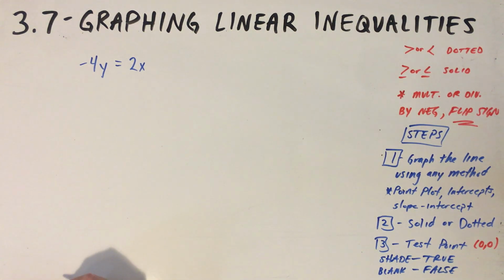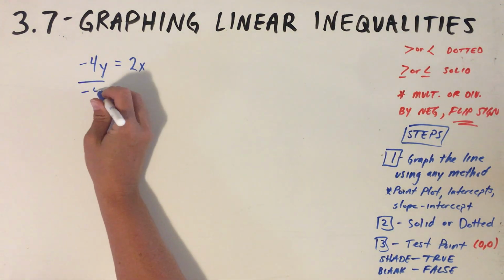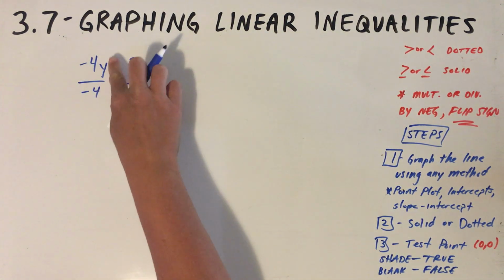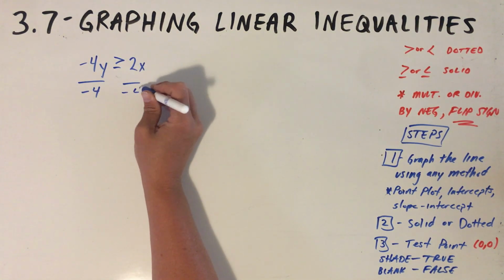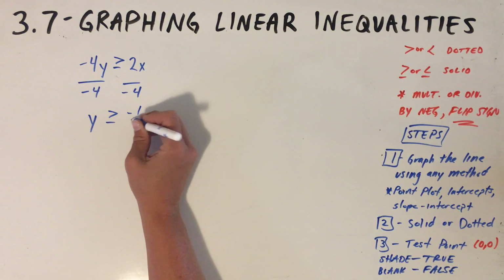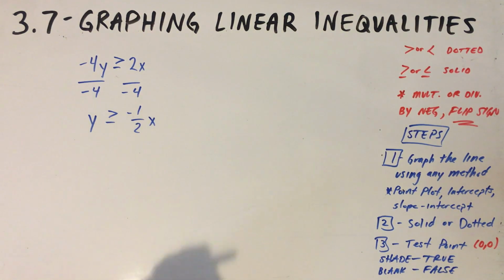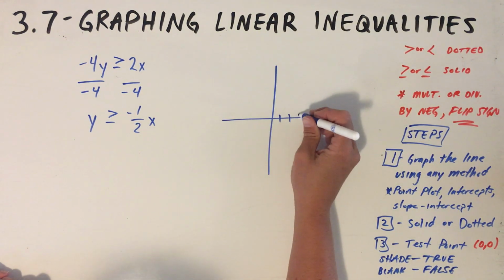Okay, well, I'm going to solve this for y, because that's going to be the easiest way to graph this. Oh, and let's not do equal to, sorry, let's do greater than or equal to. I'm going to divide by -4, so I'm going to get y is greater than or equal to -1/2 x. Great. Well, how is this going to go onto my xy coordinate system?